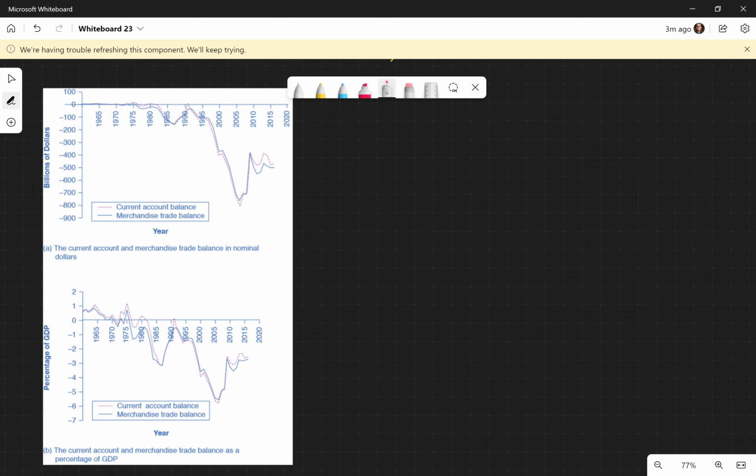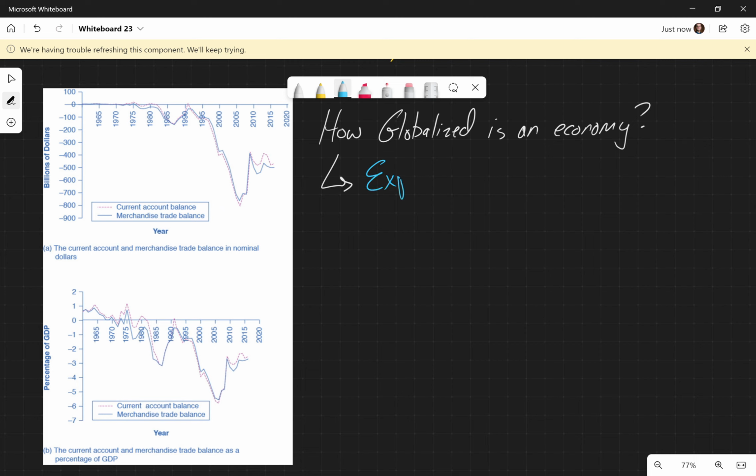So when we're looking at how globalized an economy is, one of the ways that economists do this is by looking at the exports of all goods and services as a percentage of the gross domestic product.